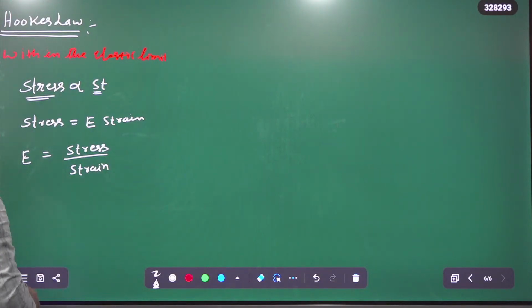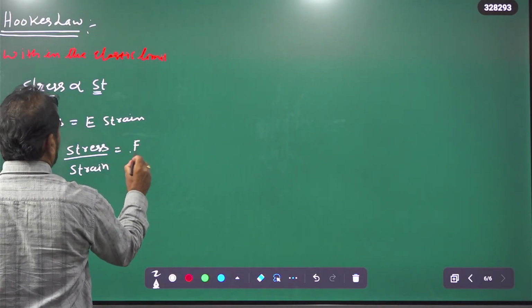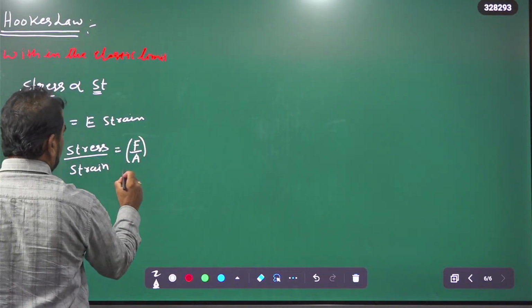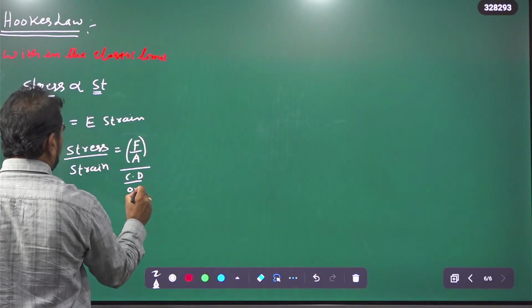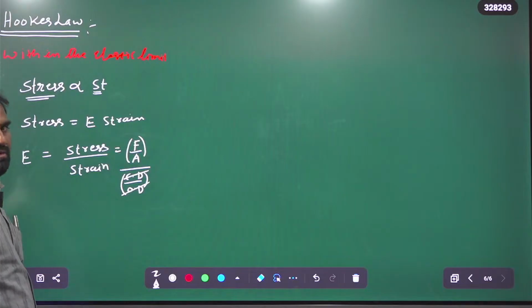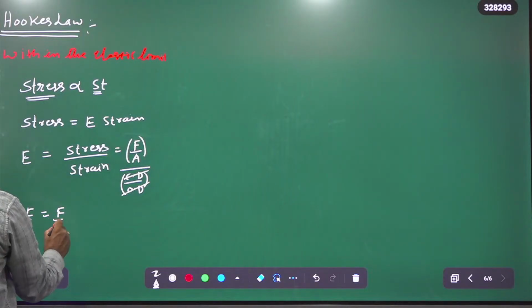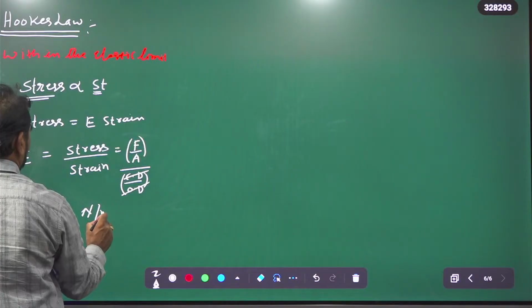What is the stress? Stress means force upon area, and strain means change in dimensions by original dimensions. Strain doesn't have any units, but stress has units and dimensions. Therefore, E is equal to F upon A, in Newton per meter square.